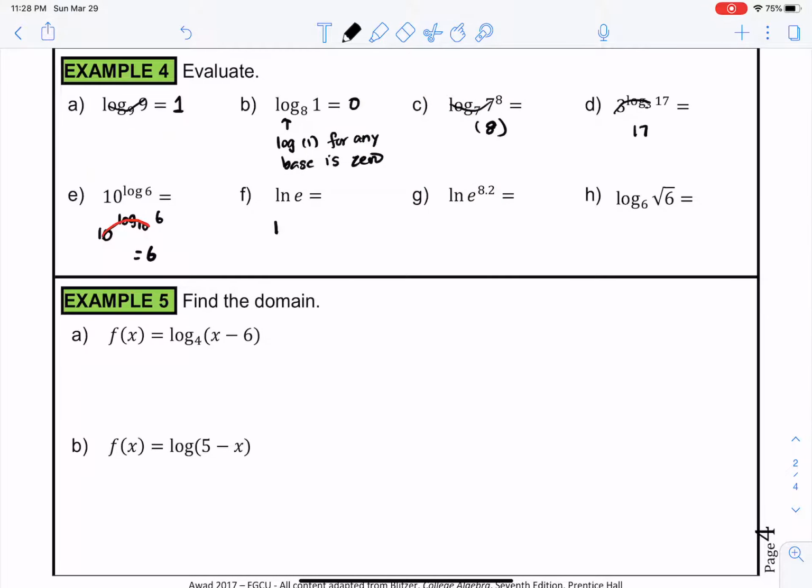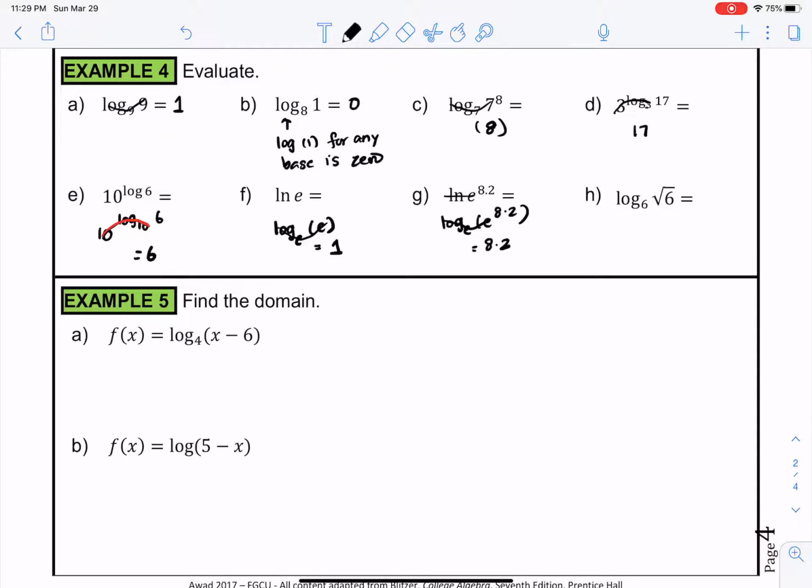ln of e is base e log, so those two sort of go away, and we'd end up getting 1. The natural log is base e raised to 8.2. Those two go away, we have 8.2. In general, if we have ln, it'll just get cancelled in that sort of way.